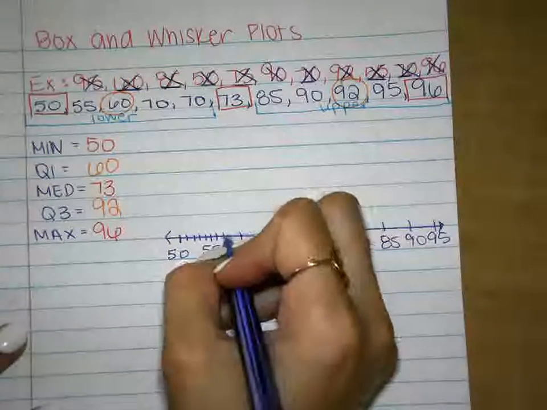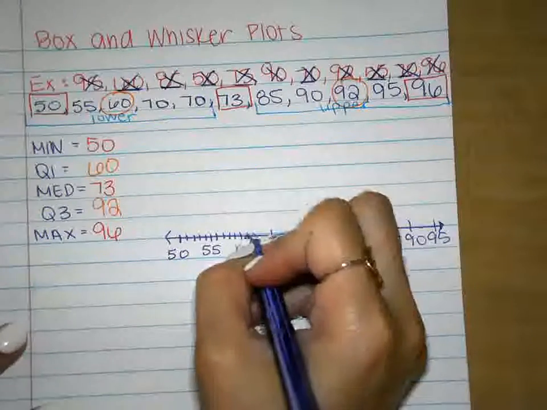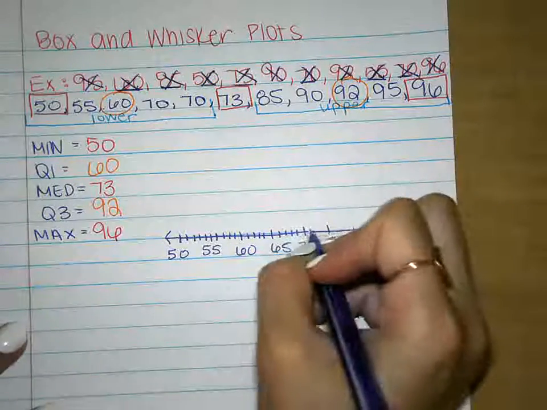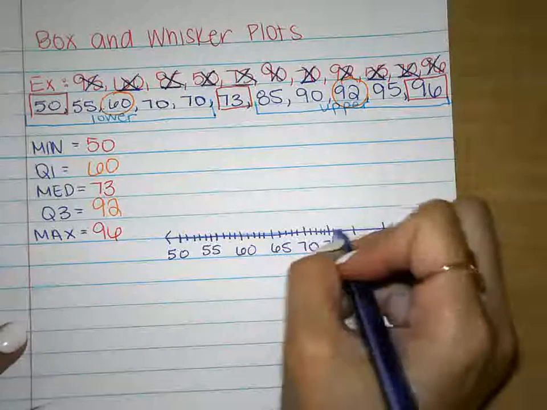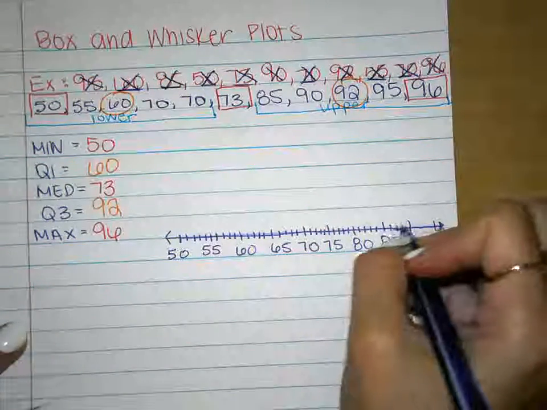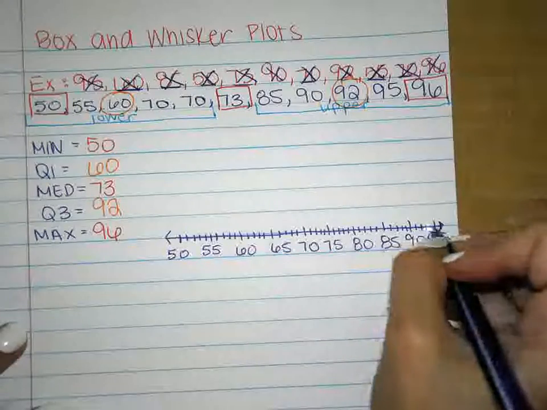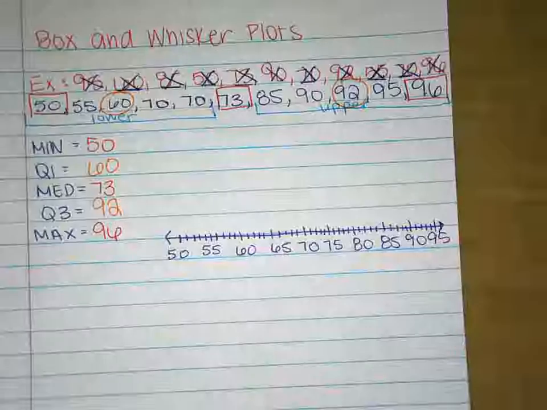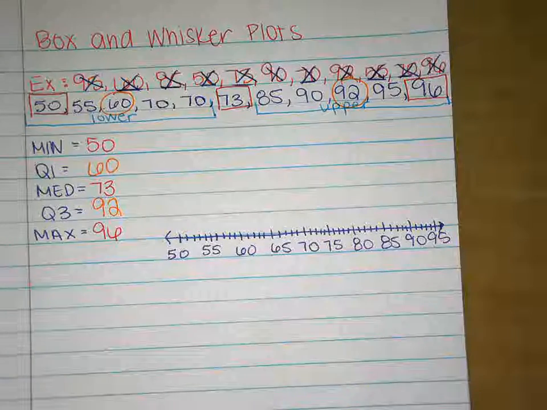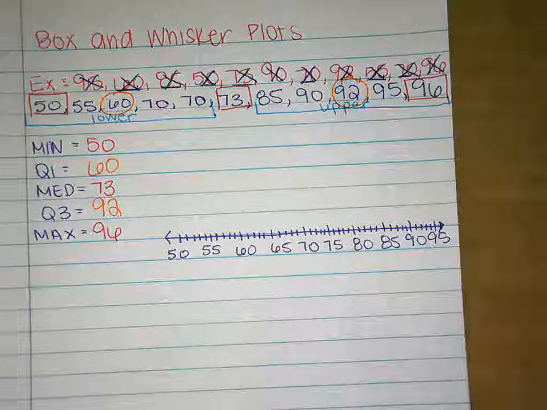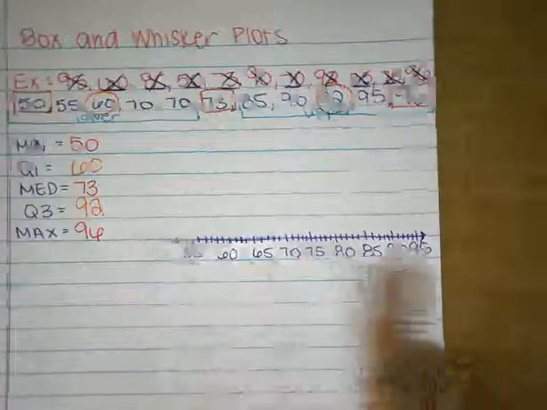I'm just going to put 4 tally marks in between each set of numbers, so that way they are there if I need them. And that's how your number line should look every single time. Might not be that small, okay, but it needs to look that way.